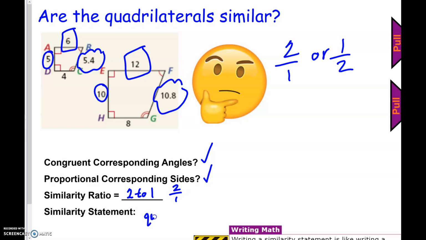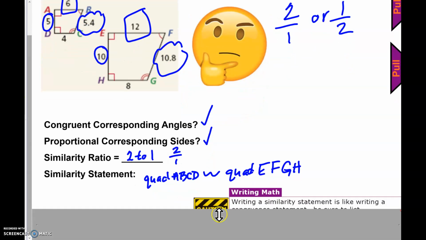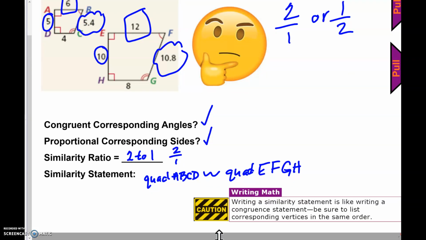Let's just go quad ABCD is similar to quad EFGH, where A corresponds to E, B corresponds to F, C corresponds to G, and D corresponds to H. When writing a similarity statement, it's like writing a congruent statement. Make sure you write them in the same order.